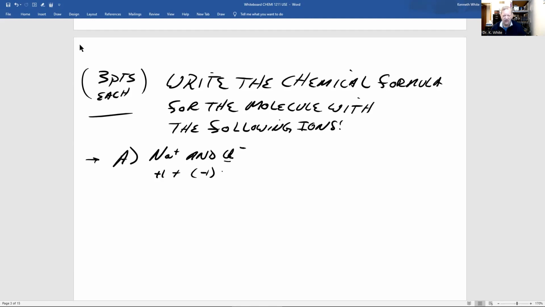All molecules should have a net 0 charge. And if there are only 1 sodium and 1 chlorine, a +1 added to -1 has to equal 0. And it does. So what this tells you is there's 1 sodium, because it's a +1, only 1 of them, and 1 chlorine. And that's why sodium chloride is written this way, and that would be the answer.